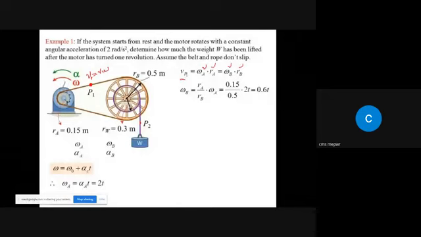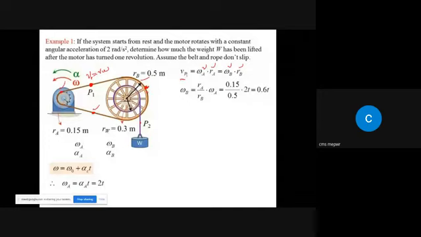What I actually want to say is that the linear velocity of this particle over here will be the same as the linear velocity of the same particle over here. Similarly, the linear velocity of particle P at this location and at this location will be the same.